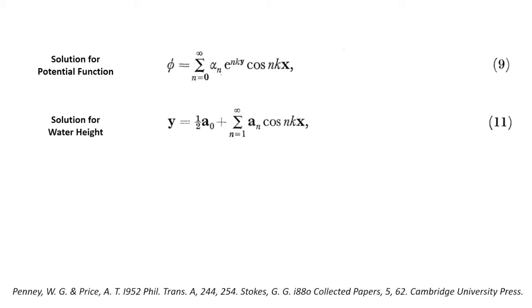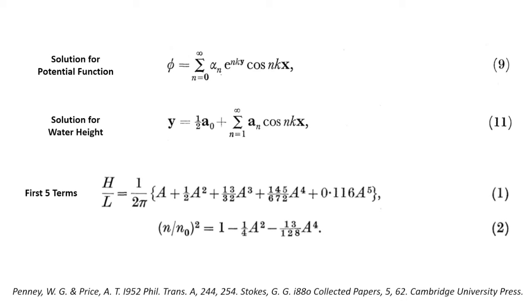By converting to dimensionless form and solving for the first 5 terms, they yielded 2 final equations for the height over tank length ratio and the frequency of the wave, both in terms of an arbitrary parameter a. And by sweeping several different values of a into these 2 equations, we were able to create a theoretical curve to plot against our actual data.